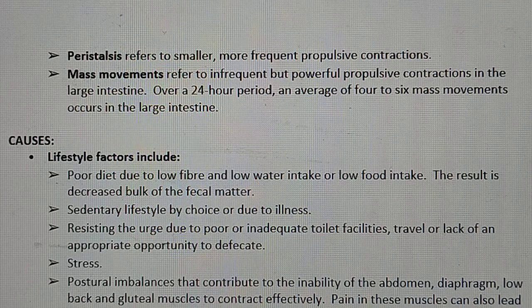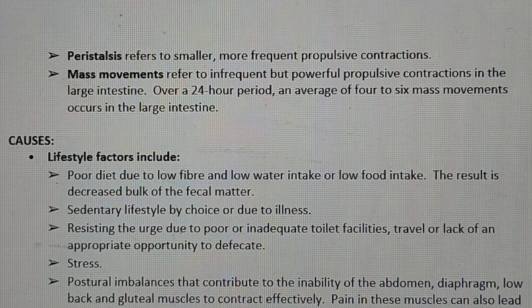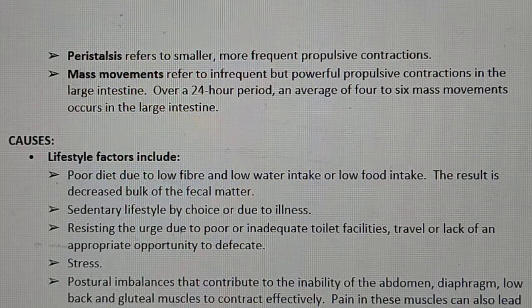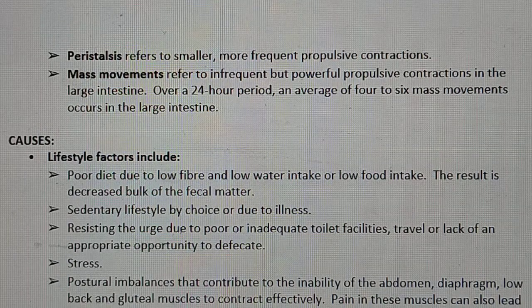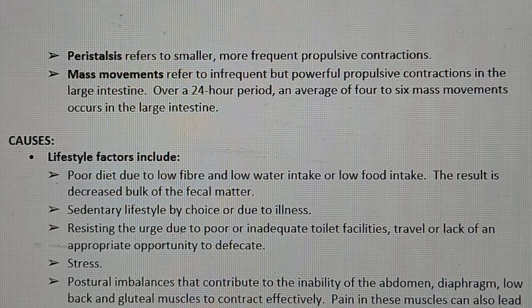Okay, so take note of that. Peristalsis, this word. This doesn't only happen in the gastrointestinal tract. It also happens in some other areas. Peristalsis.